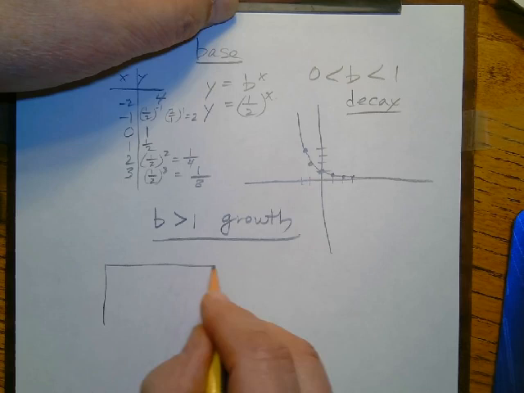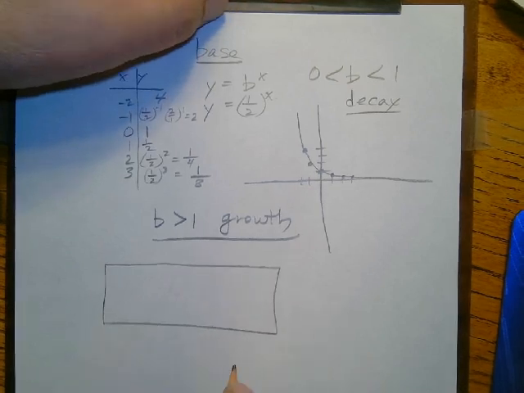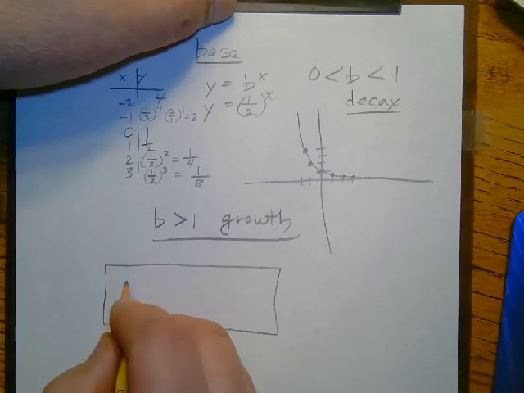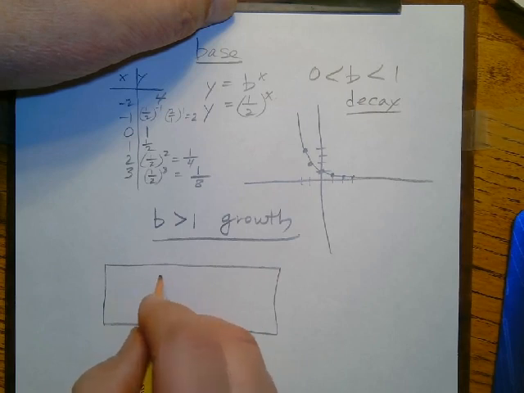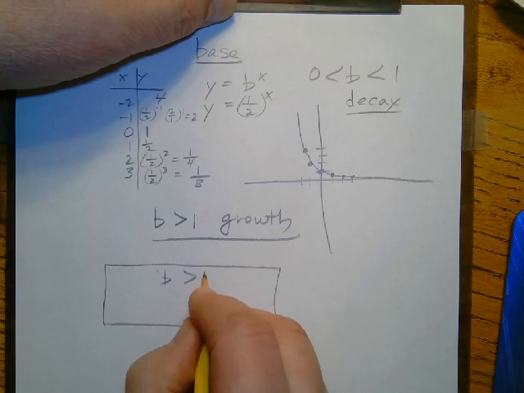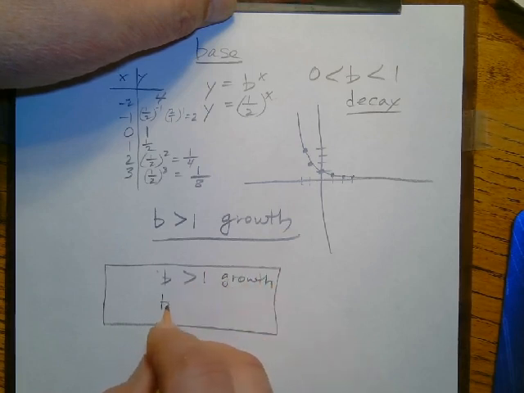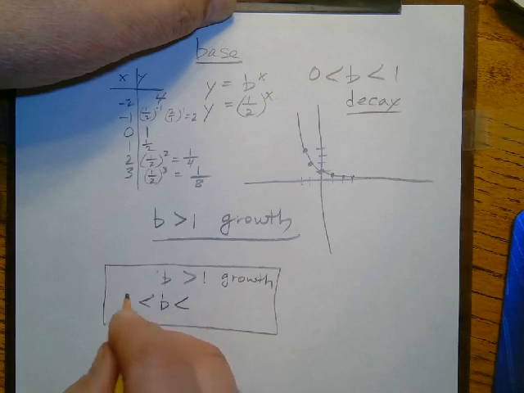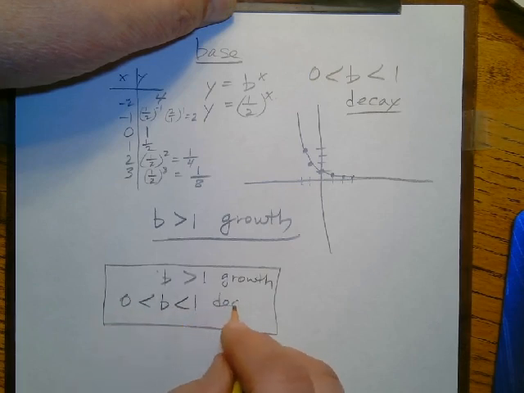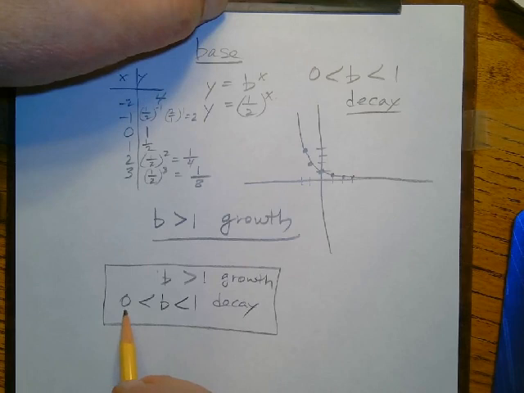So if you wanted to summarize the base again, we could say the base greater than 1 is growth, and the base sandwiched between 0 and 1 is decay. Notice the base cannot be 0, it can't be 1.